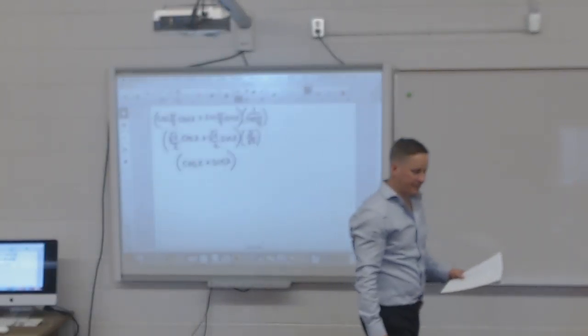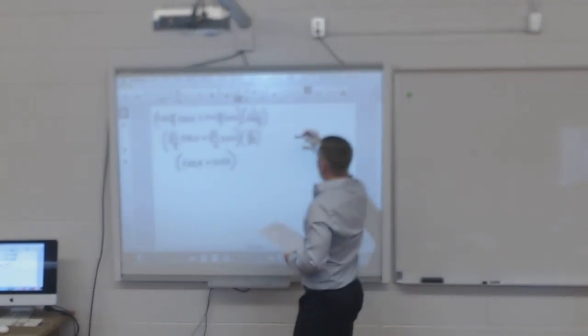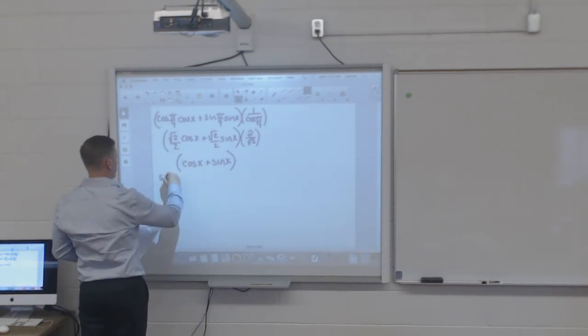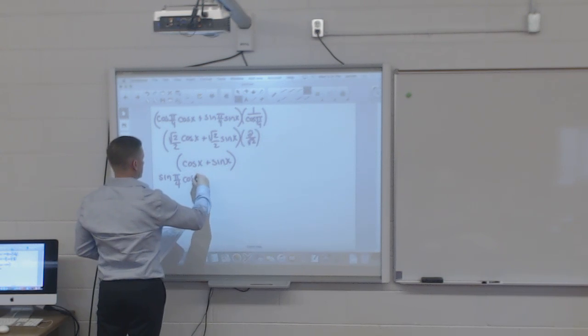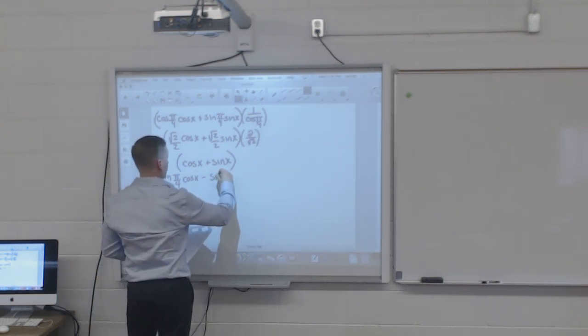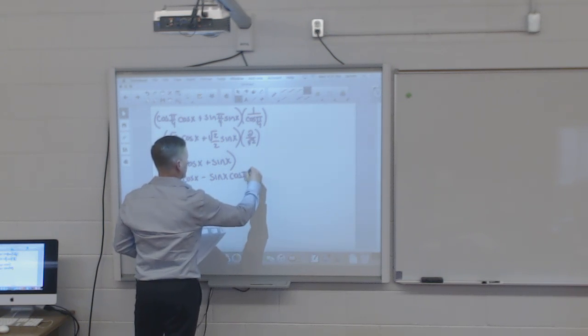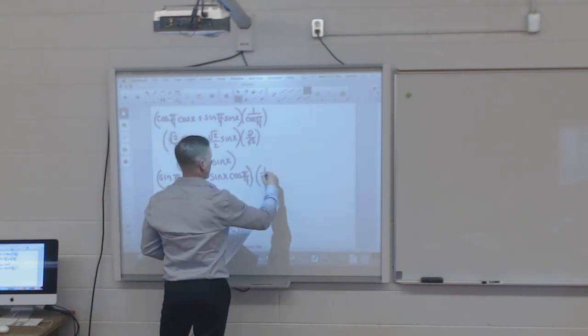Now you work the other side. Do the same thing with the sine. So I'm just going to do it below and then I'll bring it all together just because of room. So I'm going to have sine pi over 4 cos x minus sine x cos pi over 4, all times 1 over sine pi over 4.